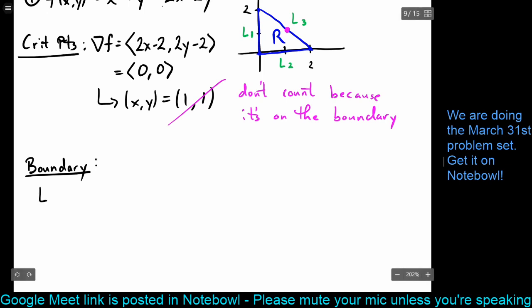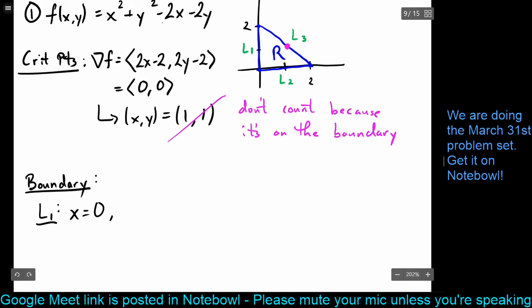For L1, this line right here is exactly a vertical line, so it's described by x equals 0. Now that we know what equation describes it, we want a range of y values: y is allowed to go from 0 to 2.